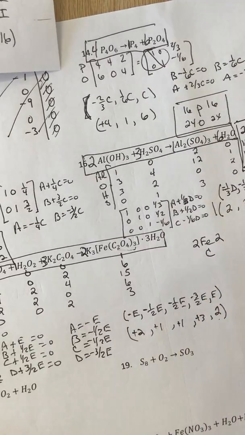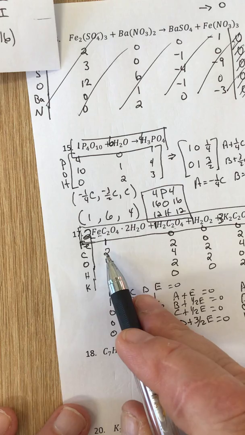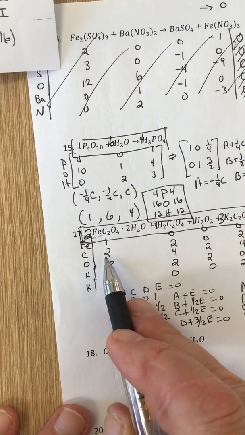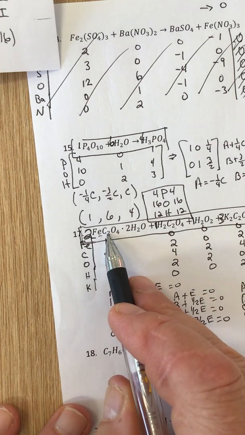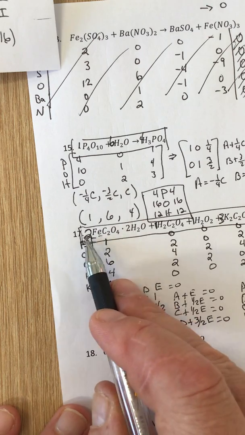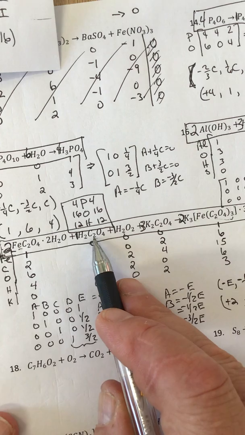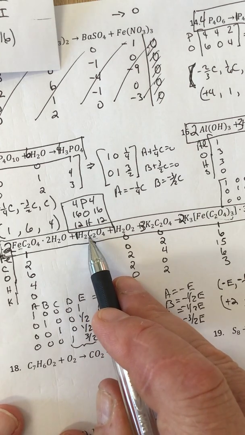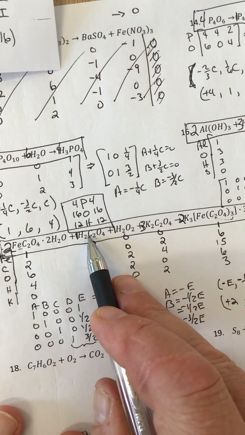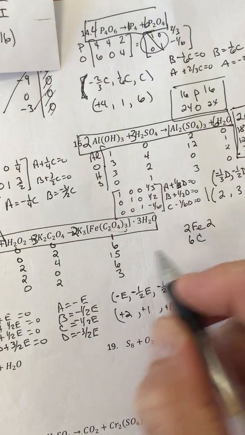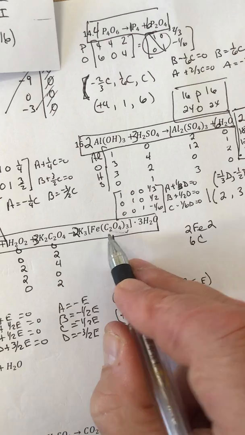Let's do carbon next. Okay, there's some carbon right here and right here. So let's take a look at it. There's 2 of them twice. So far there's 4. And then over here there's 2 of them once. So that's 2 more. So I've got 4 and 2. So the carbons over here are 6. What about the carbons over here?